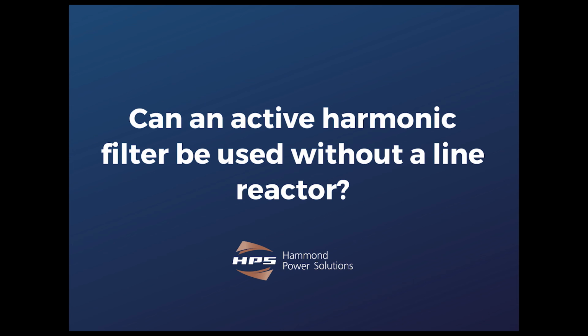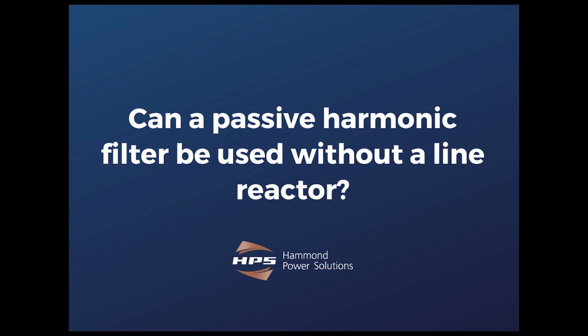Yeah, Bob, that's fair. Same question. Can a passive harmonic filter be used without a line reactor? Yes, in fact, it's recommended not to use a line reactor. What happens if you use a line reactor in combination with a passive filter is that you may result in excessive voltage drop.